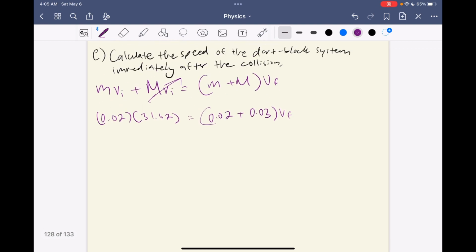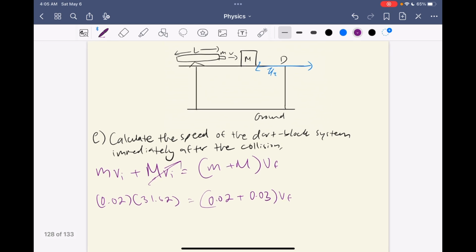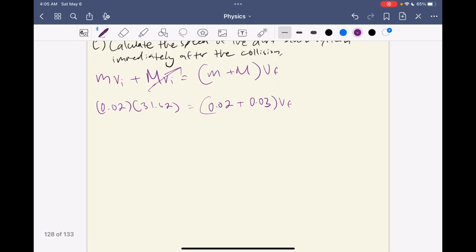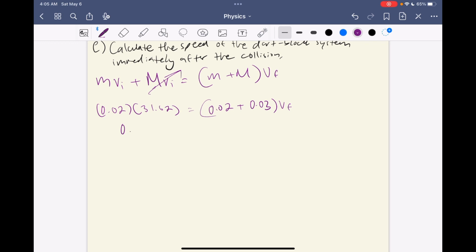So from there, we can calculate. Hold on a second. Okay, so 0.02 times 31.62 is 0.6324. And then these two added are 0.05 VF.